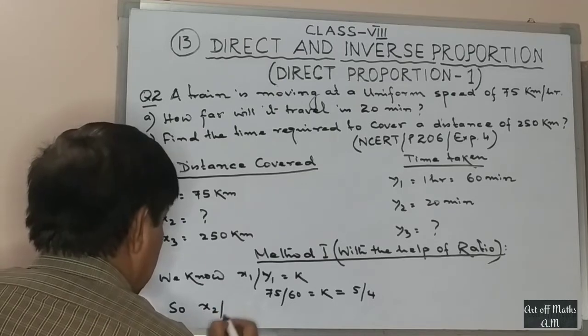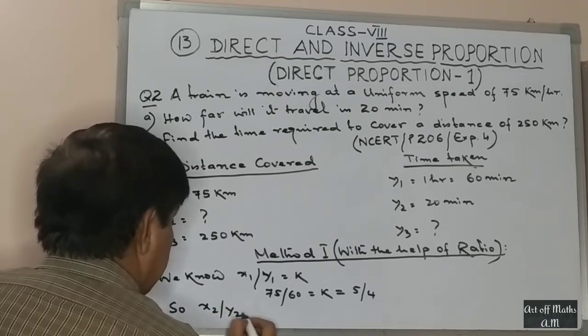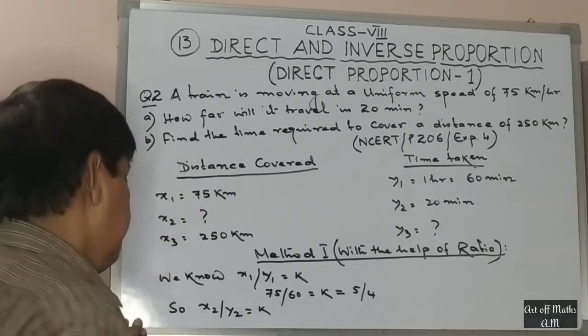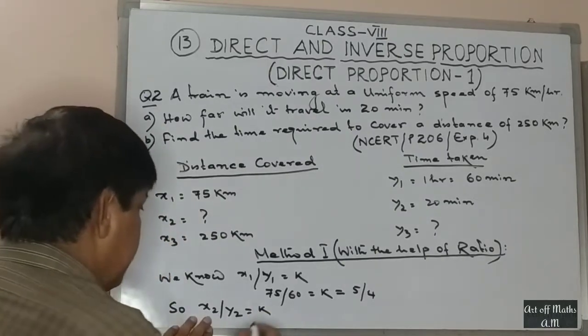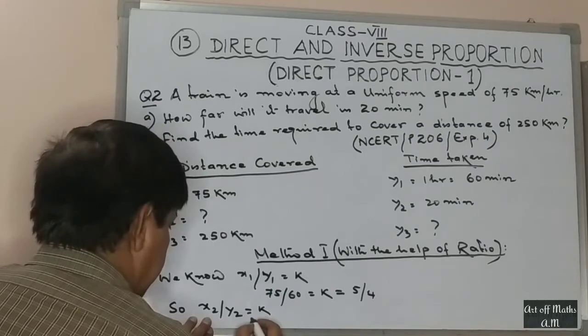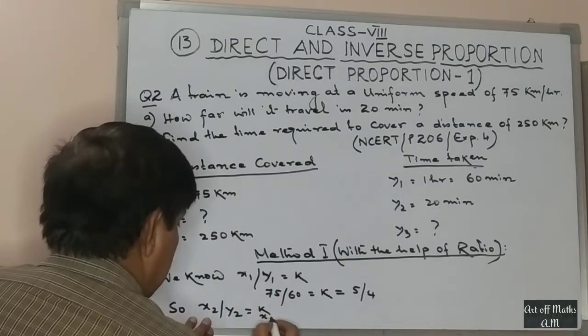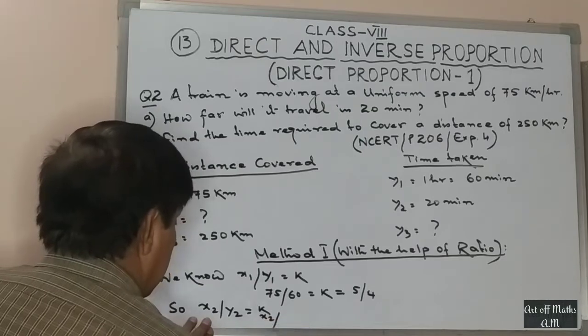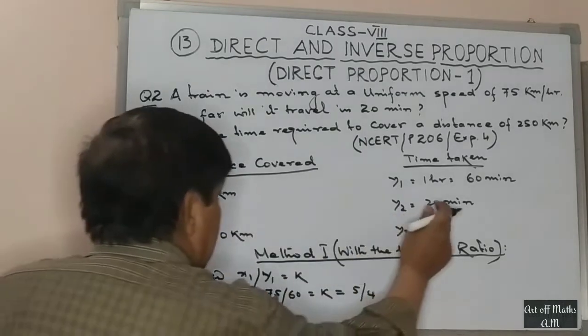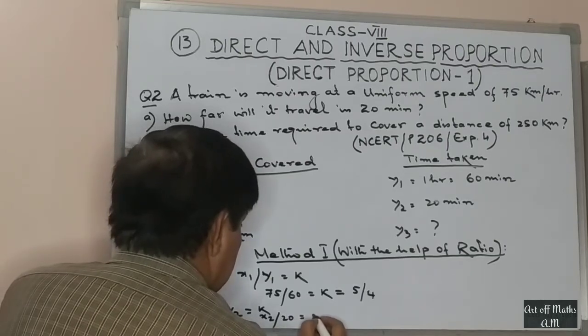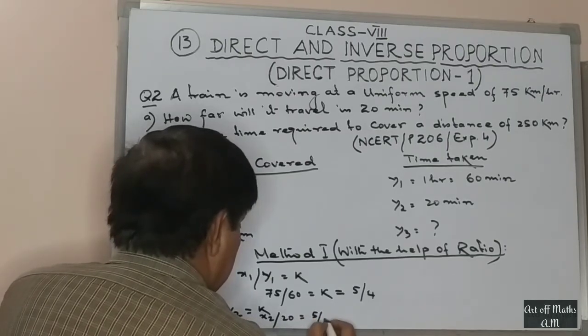Now x2 by y2 is also equal to k. Now what is x2? x2 divided by y2, 20, equal to 5 by 4.